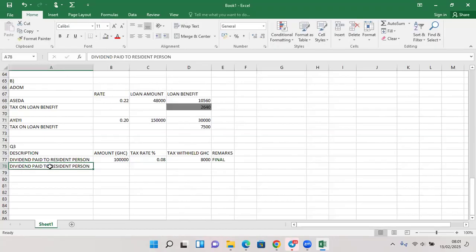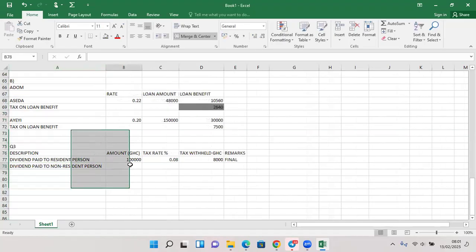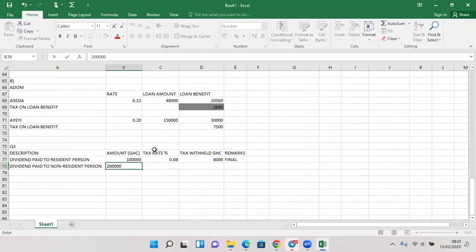The next one is dividend paid to a non-resident person. This amount was 200,000. The rate is still the same, 0.08. And then the tax held will be this times this. And it's also final.